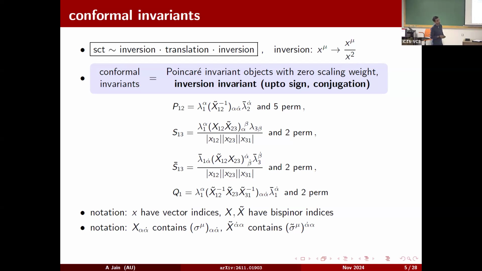X1 to -1, you mean inversion of X1? That's a good point, and I should make some formalism clear. X mu goes to X, let's say, alpha dot alpha. And we can have X inverse. So if we have X, we can also write down X tilde, which would be alpha alpha dot kind of a thing.